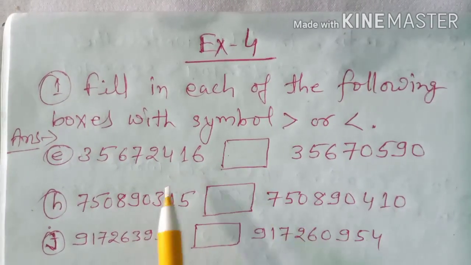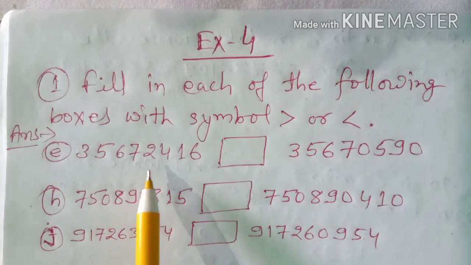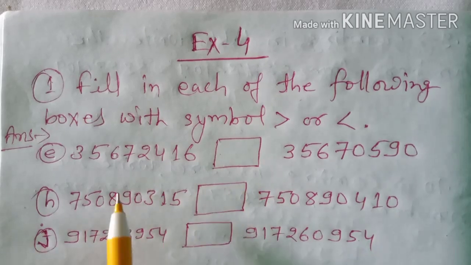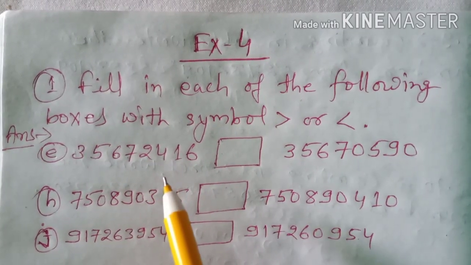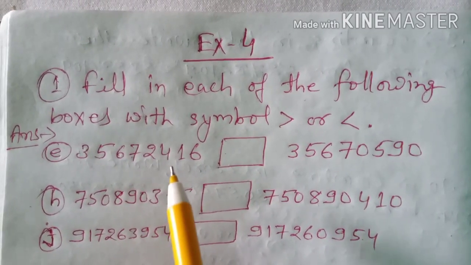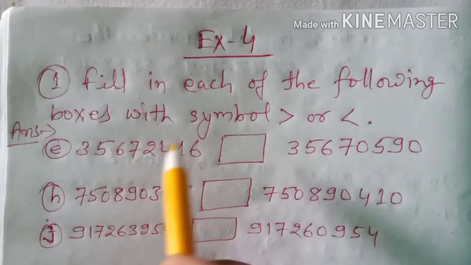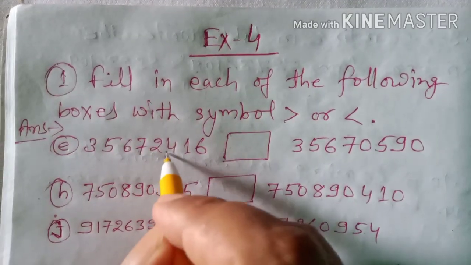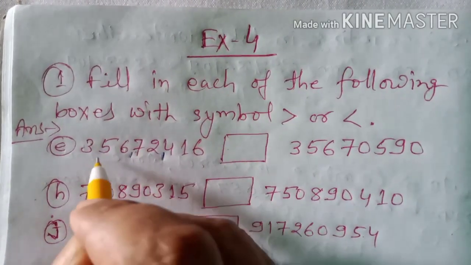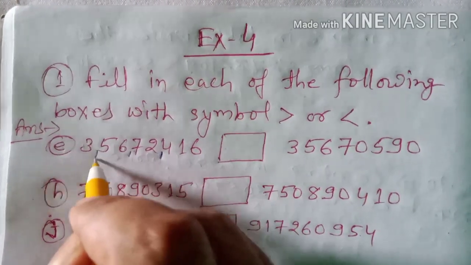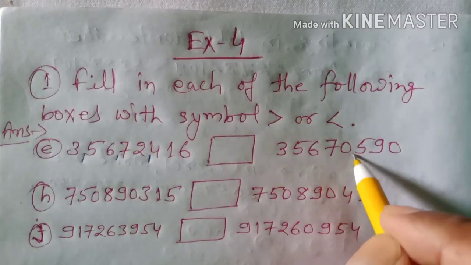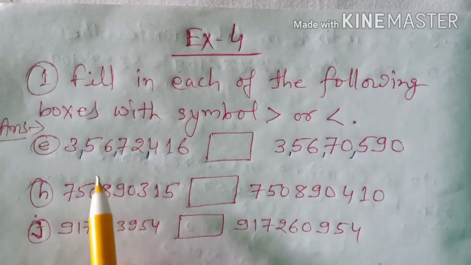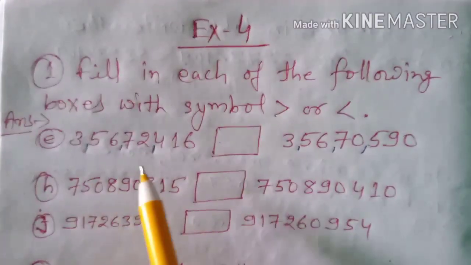First you have to compare the first number with the second number. As I have told you earlier, to read a number and understand it, you have to put commas. So I am putting the first comma here, the second here and here. In the same way I will put commas here also. Now you can read the number.